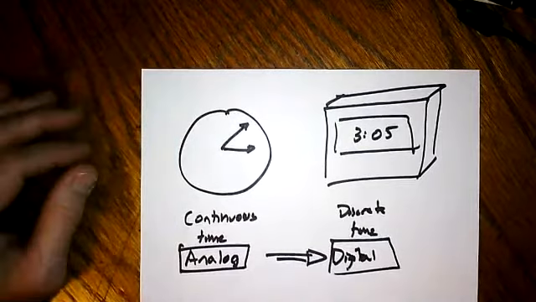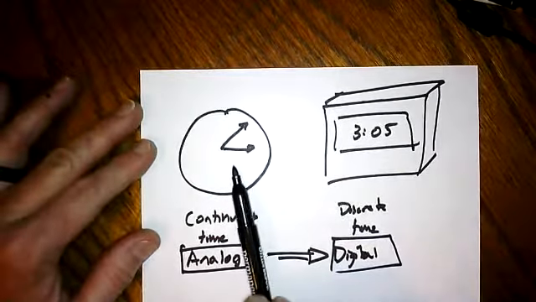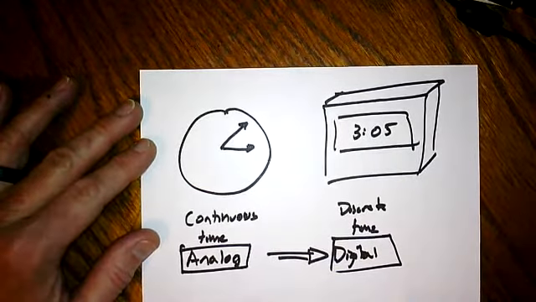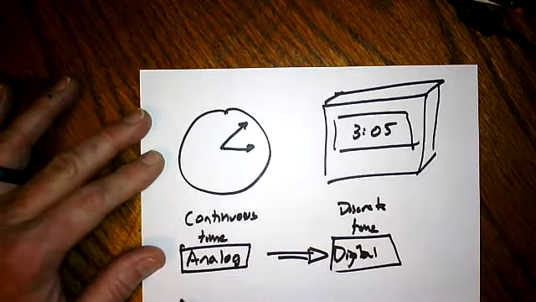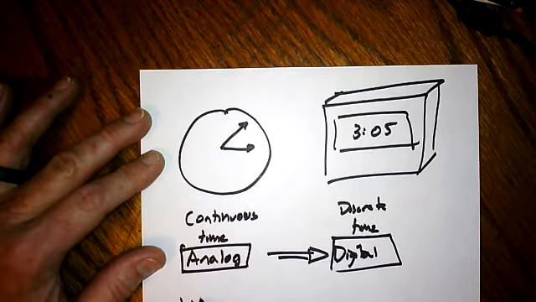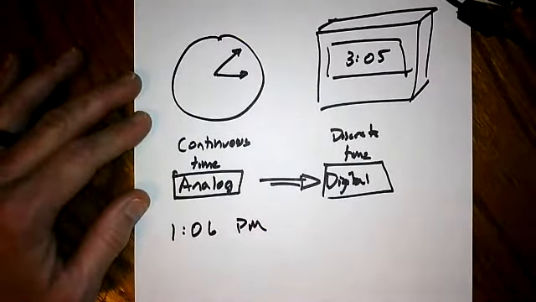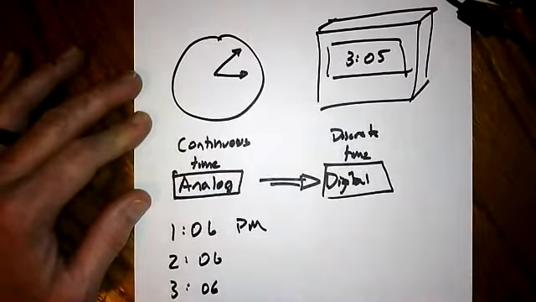So the question is, how high should we set our sample rate? Well, what if I set it so that maybe I want to sample once every hour, all right? Maybe I start my data collection at 1:06 p.m. And if I collect the next data point an hour later, then the next time I get is 2:06, 3:06, and so forth, okay?